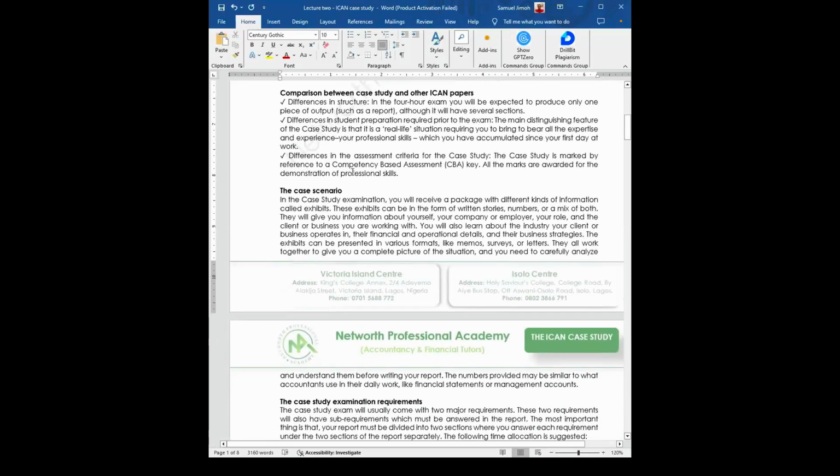Now, one of the things I normally do, for you to understand why you are writing the case study paper, for you to understand the intricacies, the differences between case study and other ICAN papers, is to compare case study with other papers. The first difference between the two papers is the difference in structure of the exam.